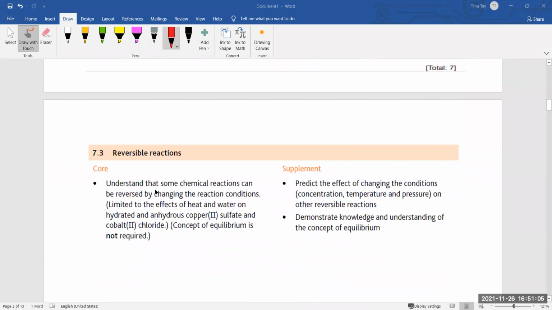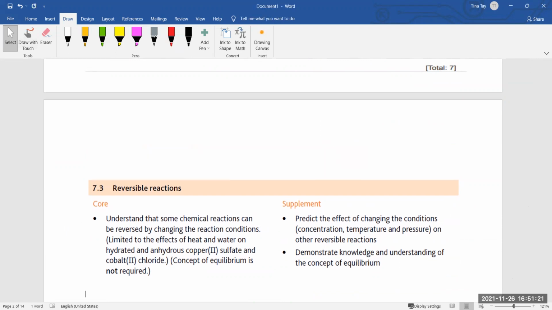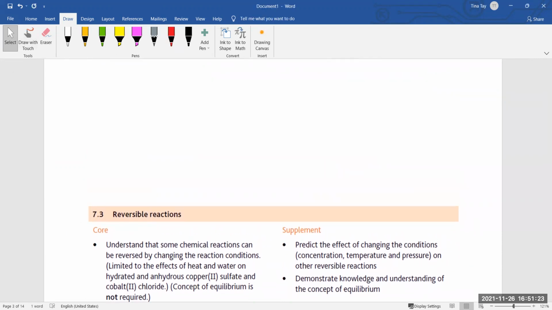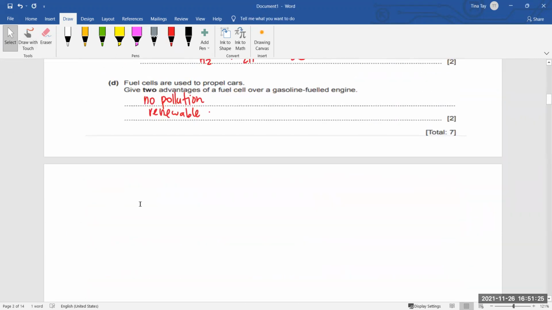Okay, today, these few chapters that we're talking about. In the previous class, we talked about rate of reaction. All these three chapters we learned together because they're all connected to each other.